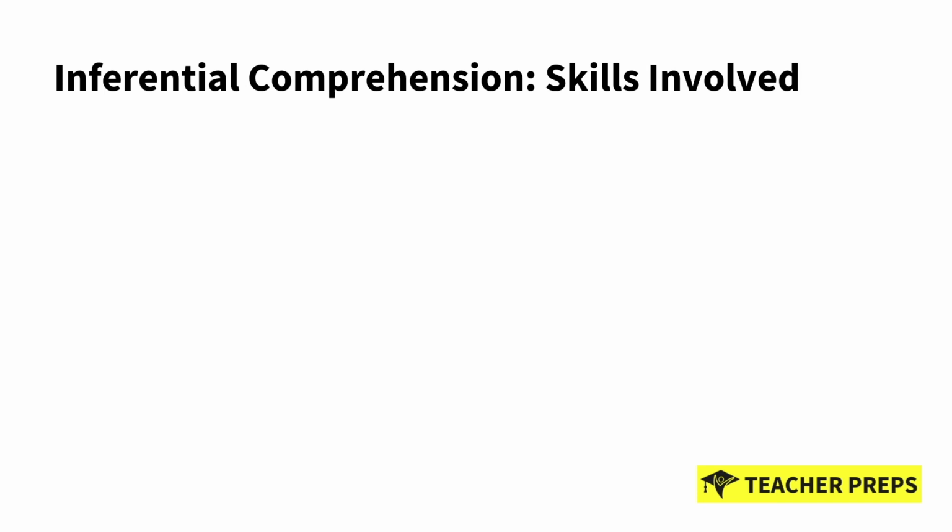Next, let's cover the skills involved so you can catch an inferential comprehension checking question on your exam. If you see the following skills, you want to be looking for an inferential checking answer.